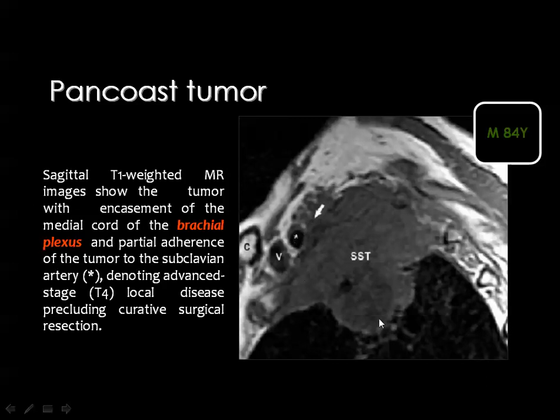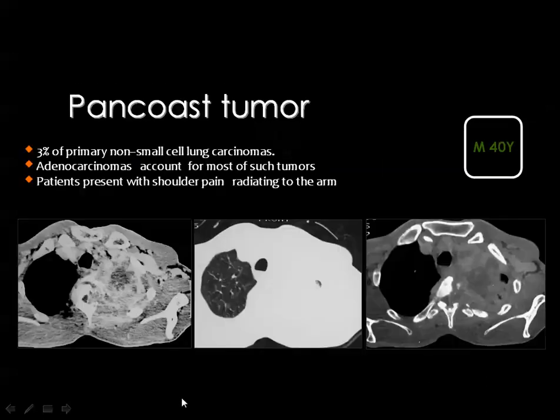Then this tumor has invaded the brachial plexus, and it may go a little bit around the subclavian artery with no affection of the subclavian vein. And the encasement of these vessels is one of the contraindications to surgery.